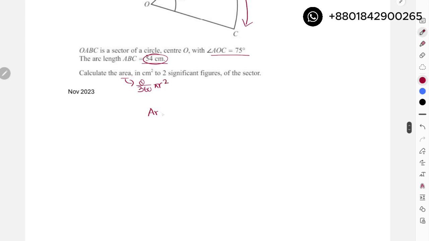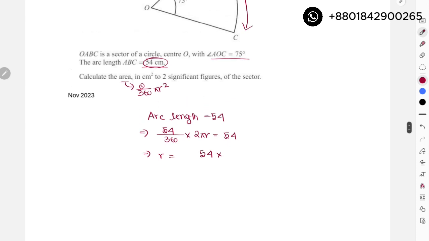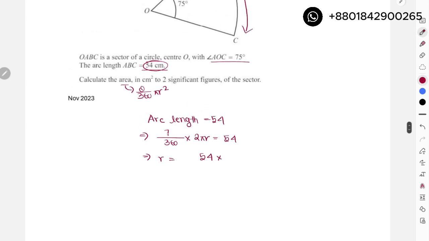That we'll have to calculate using the arc length information. So we'll start with this: arc length is 54, and that is 54 over 360 multiplied with 2 pi r, and from there if I make r the subject, it will be 54 multiplied with, sorry, I think the angle was 75.